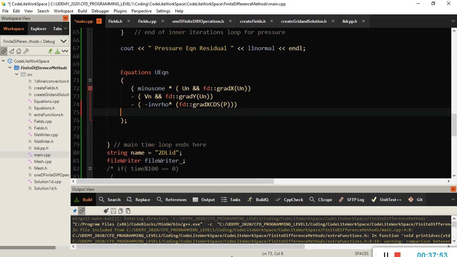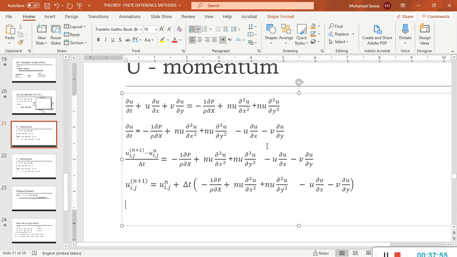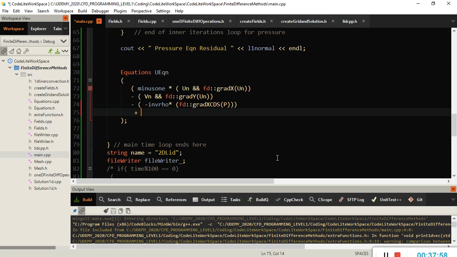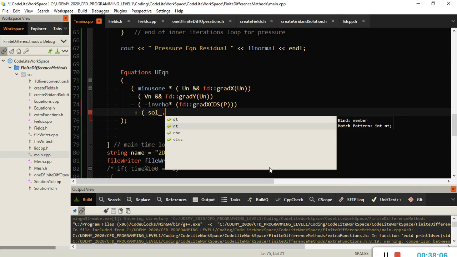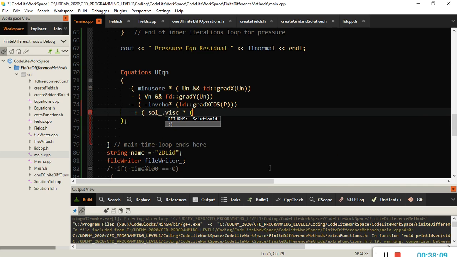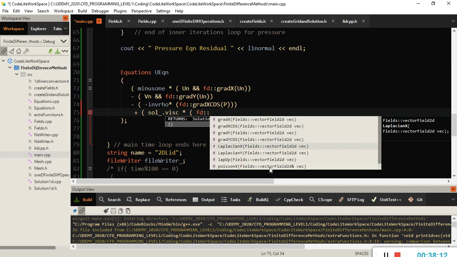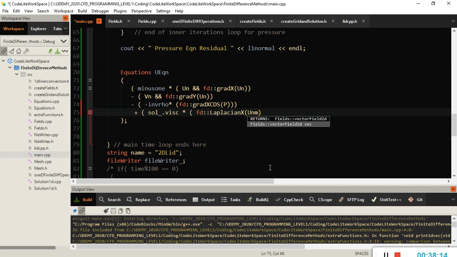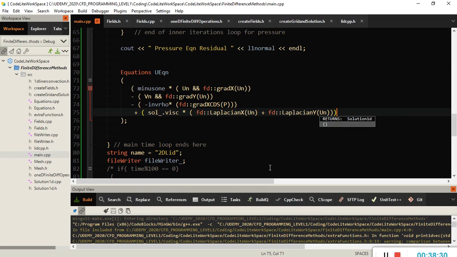Now we have to add the diffusion term, because the diffusion term holds a plus sign. So the diffusion term is simply solution dot viscosity multiplied by fd Laplacian x of un and plus fd Laplacian y of un and close the brackets.